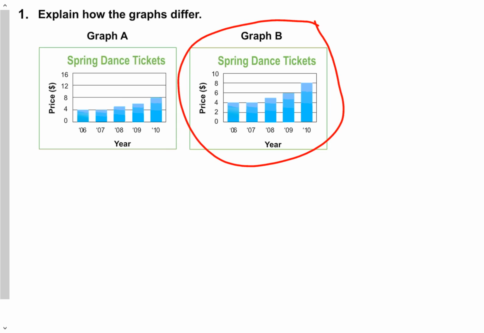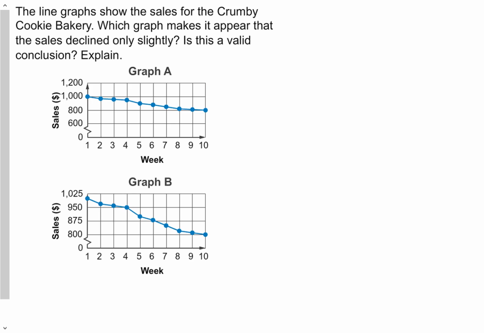Okay? All right. So let's show this graph right here. The line graph shows the sales for Crumbie Cookie Bakery. Which graph makes it appear that the sales declined only slightly? Is this a valid conclusion? And explain. You want to choose a graph that shows little change.